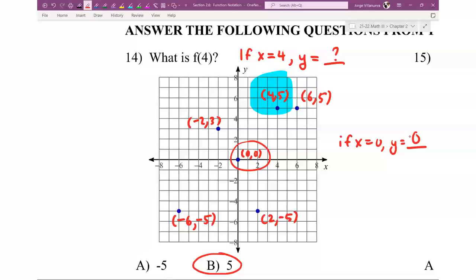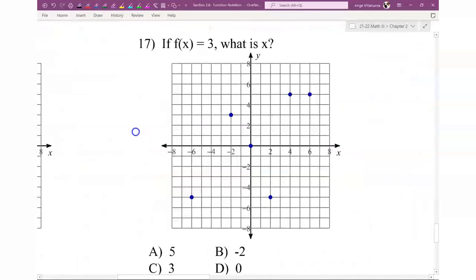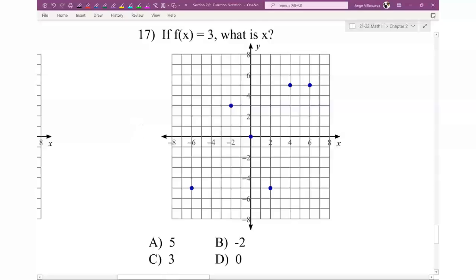Easy? Here's the only time it's kind of difficult, but not really, but kind of. If they really want to try to mess with you here, look at the very last one. This one looks a little different. It says, if f of x equals 3, then what is x? So this time we're looking for x. So what do you think they gave me?